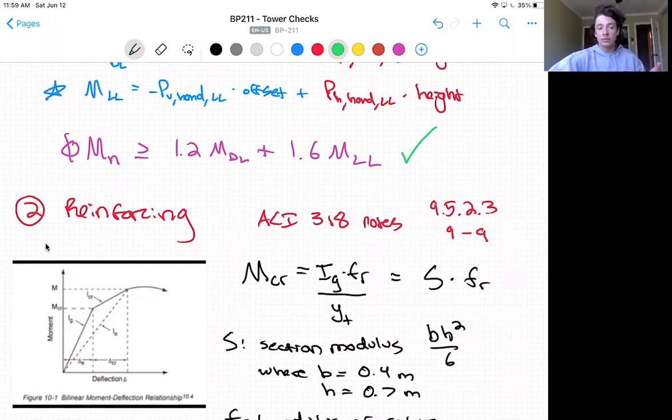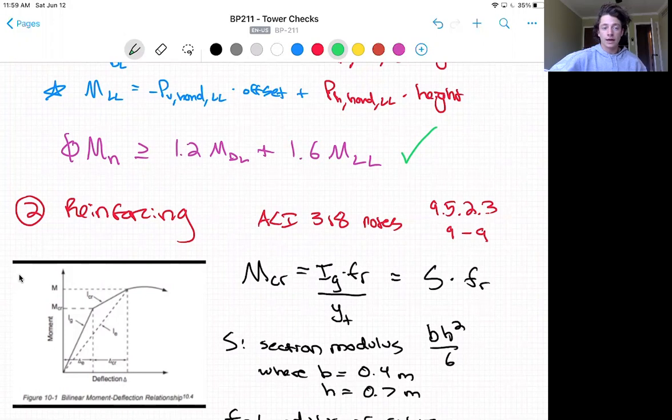From a serviceability perspective, this is not ideal. Cracks in the tower will not inspire confidence in the community members. So from equation 9-9 in Section 9.5.2.3 of the ACI 318 notes provided, we can get our cracking moment as Mcr equals Ig times fr over yt, which simplifies the cracking moment as S times fr for our rectangular section.